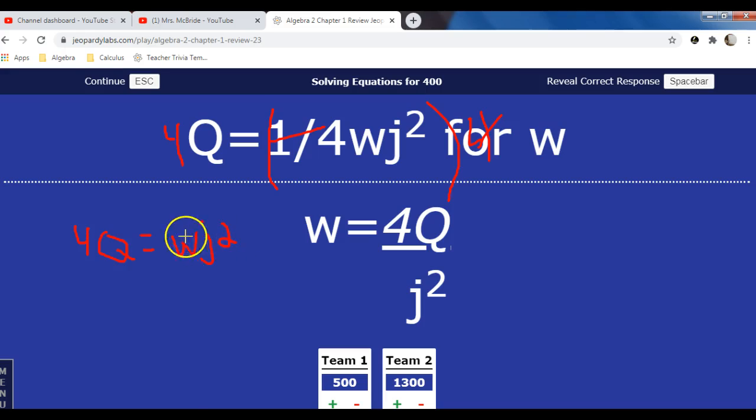I'm writing with a mouse, so this is difficult. And then you divide both sides by J squared so that your W is left alone. Does that help? I know it's a little difficult to see. So you're going to leave your answer as it is now.